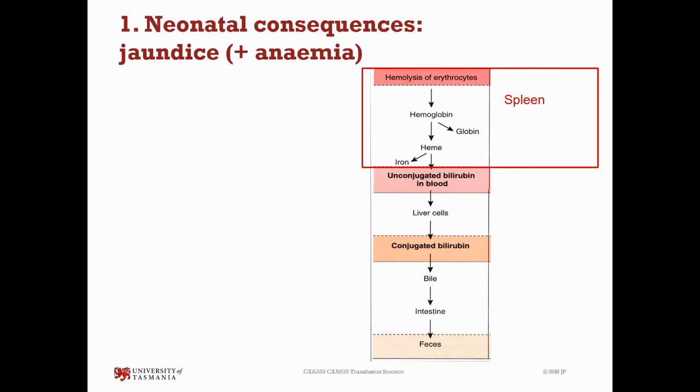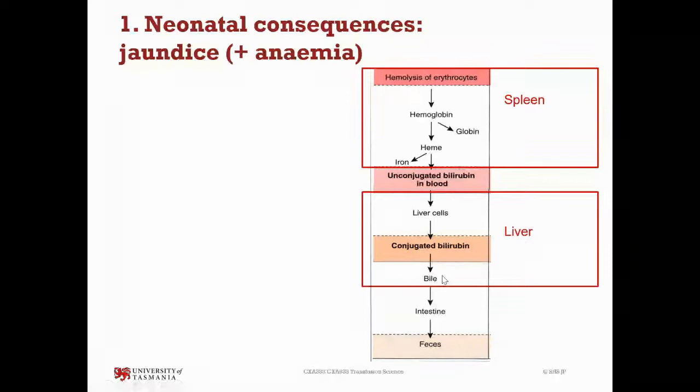Most hemolysis happens in the spleen, so the erythrocyte is lysed and the hemoglobin is broken down to globin and heme, and the heme is further broken down to unconjugated bilirubin, which is then dealt with in the liver. And then conjugated bilirubin, so water-soluble bilirubin, is used in bile and is excreted through urine and feces.